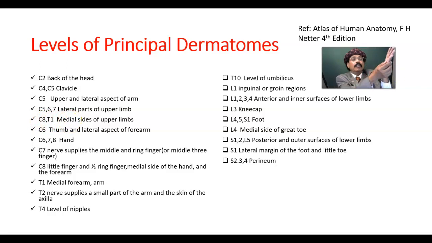It includes the little finger plus the forearm, part of the arm on the medial border, that is the ulnar side. In anatomical position, our hand is like that. This is the medial border, that is the lateral border. For the thumb and lateral aspect of the forearm, the dermatome is C6, C7, and C8 for the hand.